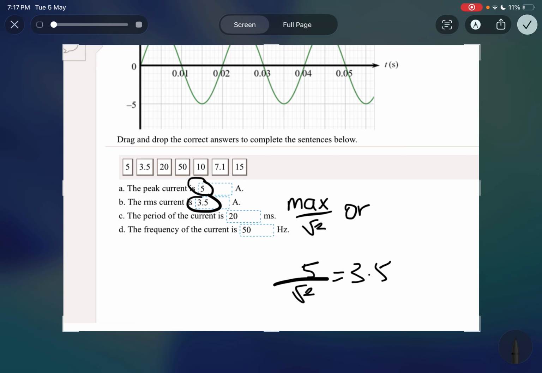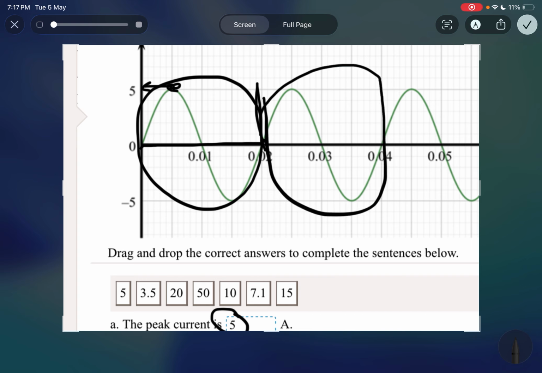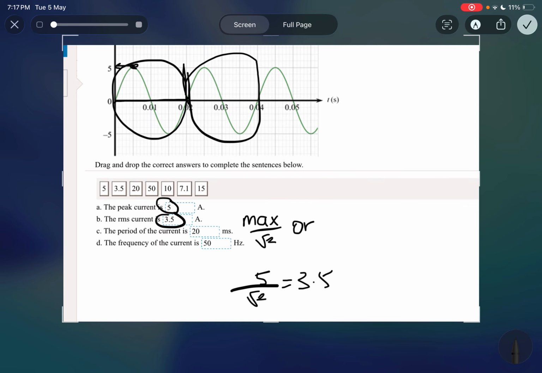How? Because they want the period. You see the full cycle here, like it stops here fully. It does one and then it does another one after that, the same period of time. They want the period of the current. To find it, it is at 0.25, so you times it by 1,000, it will be 25, but here there's no 25, so you put 20.